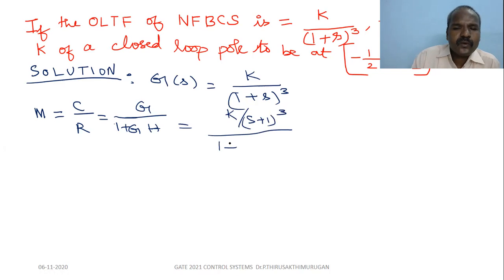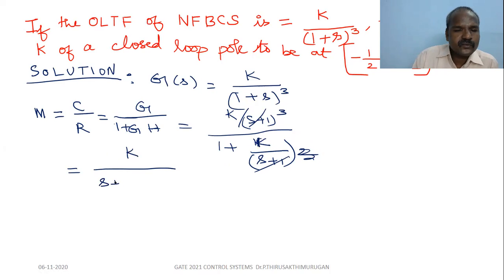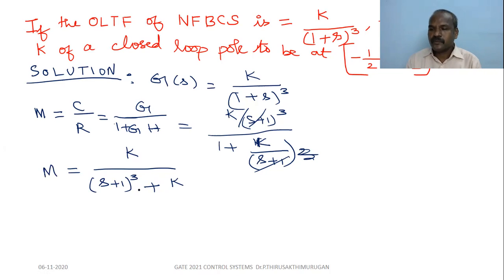So the denominator (S plus 1) whole cube cancels, and the numerator is K over (S plus 1) whole cube plus K. Okay, this is M. So this is the closed loop transfer function.